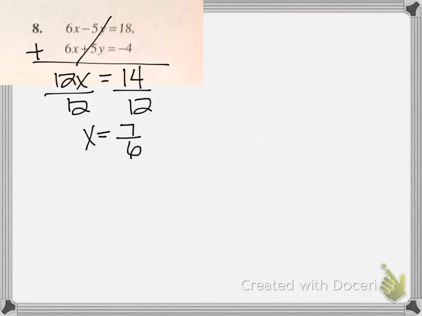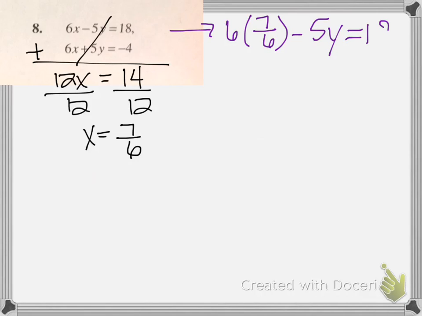To find the y that goes along with it, I'm going to pick one of my equations. I'm just going to pick the top one. Again, it doesn't matter. And I'm going to substitute 7 sixths in for x. 6 times 7 sixths is simply 7.